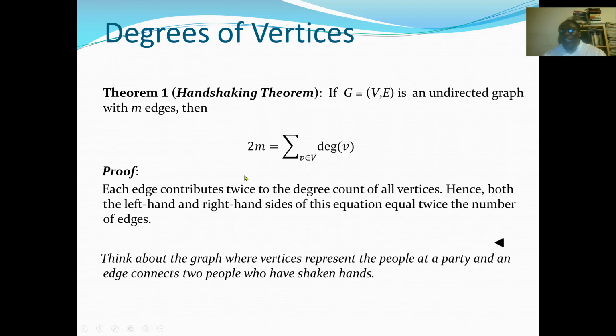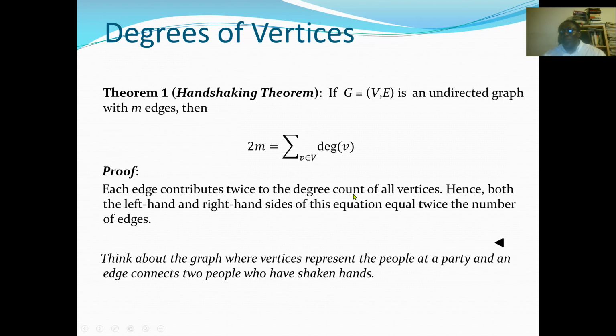So since an edge always has 2 vertices connected, 2m equals the sum of the degrees of the vertices of the graph.